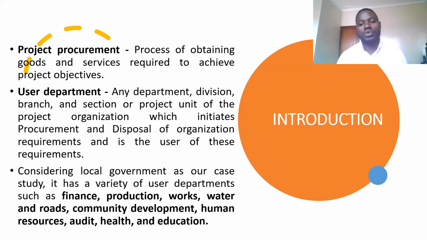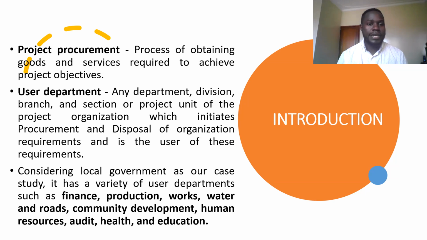For Group 8, we are going to consider local government as our case study to expound more on these roles and responsibilities of user departments. So we have them as finance, production, works, water and roads, community development, human resources, audit, health and education. These are some examples of user departments in local government, okay?